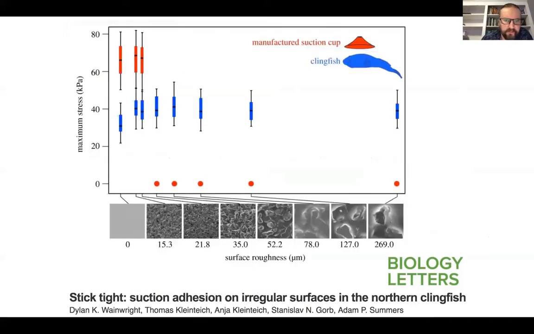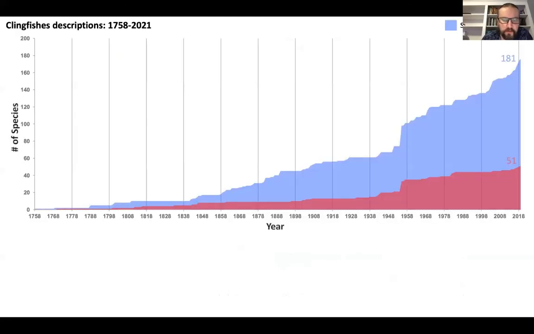And they can actually stick much better than suction cups that are manufactured, especially on these very rough surfaces. This is research that was conducted by Adam Summers and his group to show just how well clingfishes can stick to substrates. And I'm just going to skip this video here.